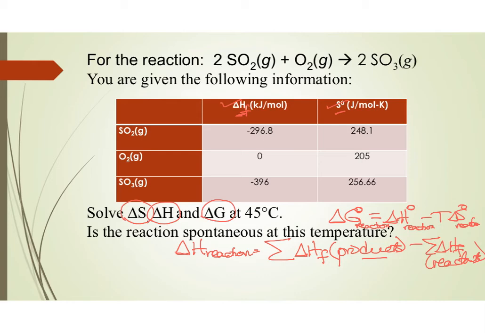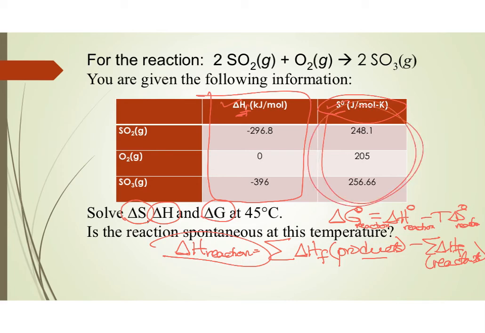Okay, products minus reactants. In other words, this problem wants you to calculate delta H of reaction first and also calculate delta S of reaction first.